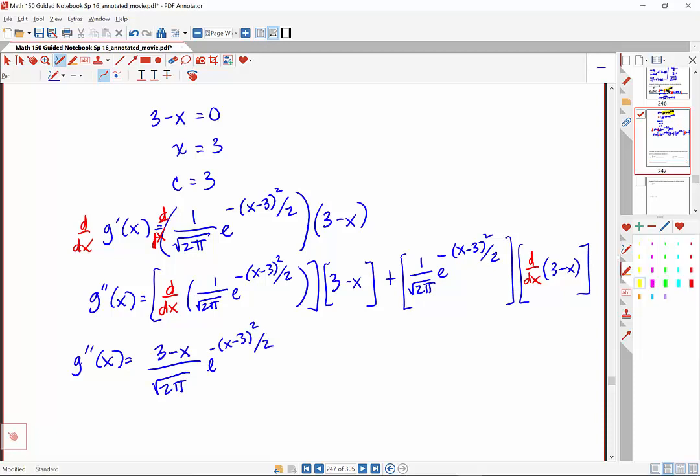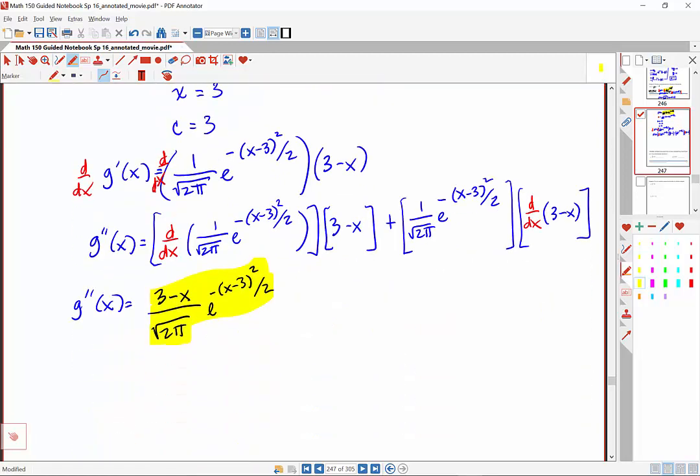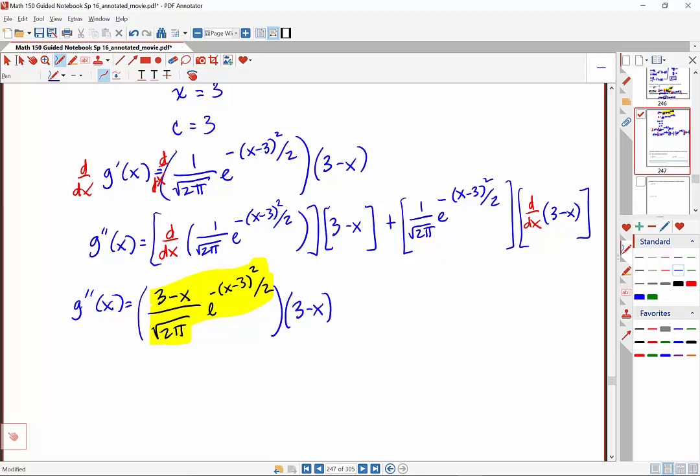I got that earlier, and so we don't need to go through all that work again. Okay? And then we'll be multiplying this to 3 minus x, and then the derivative with respect to x of 3 minus x is negative 1. So it'll just flip the sign. So then we'll have minus 1 over root 2 pi times e to the negative quantity x minus 3 squared over 2.